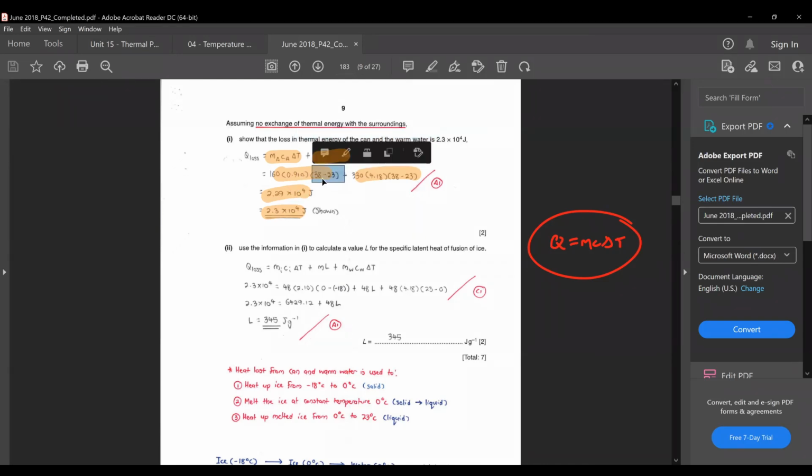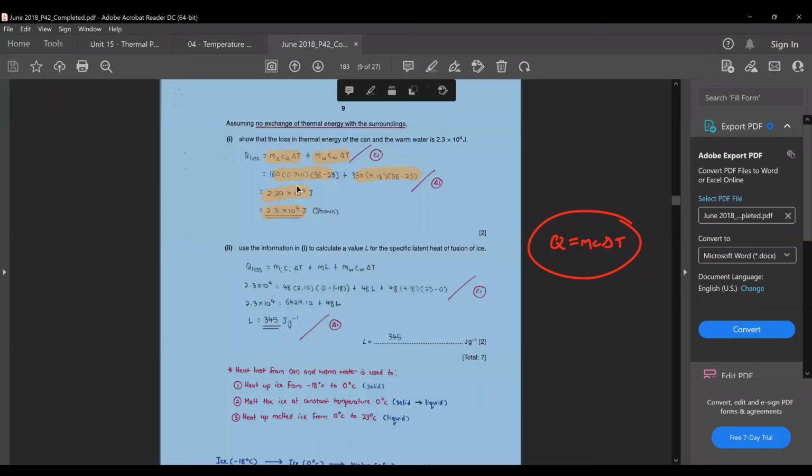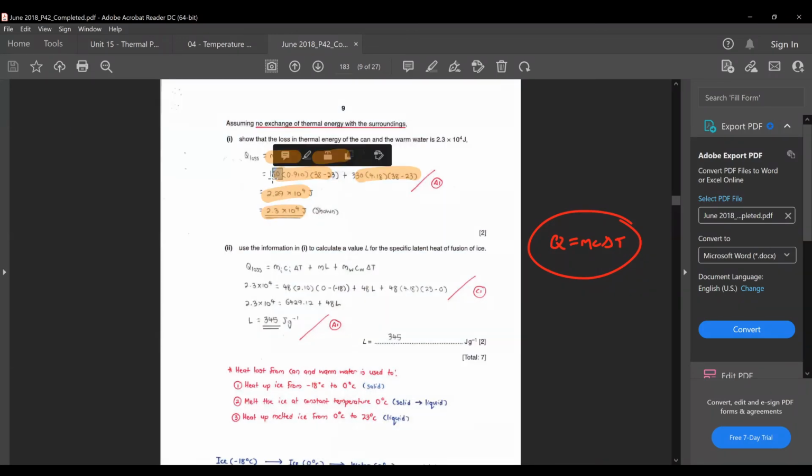Now for the temperature difference, you just take the larger value minus the lower value. Okay, you don't need to bother about whether it's initial minus final temperature or final minus initial temperature. We generally do not want any negative. Just find the difference in the magnitude, which means just take the larger minus the smaller value. Okay. So aluminum can is 160 grams, specific heat capacity is 0.91.